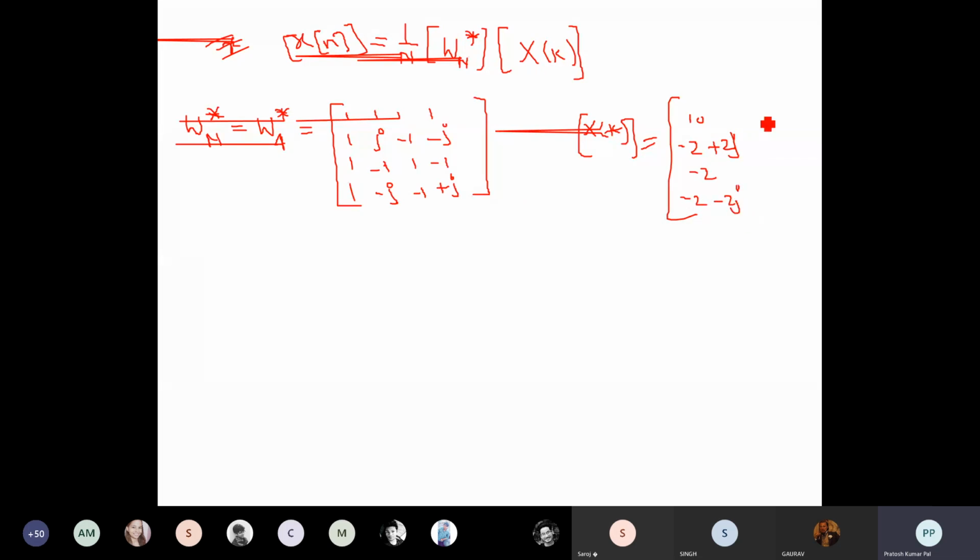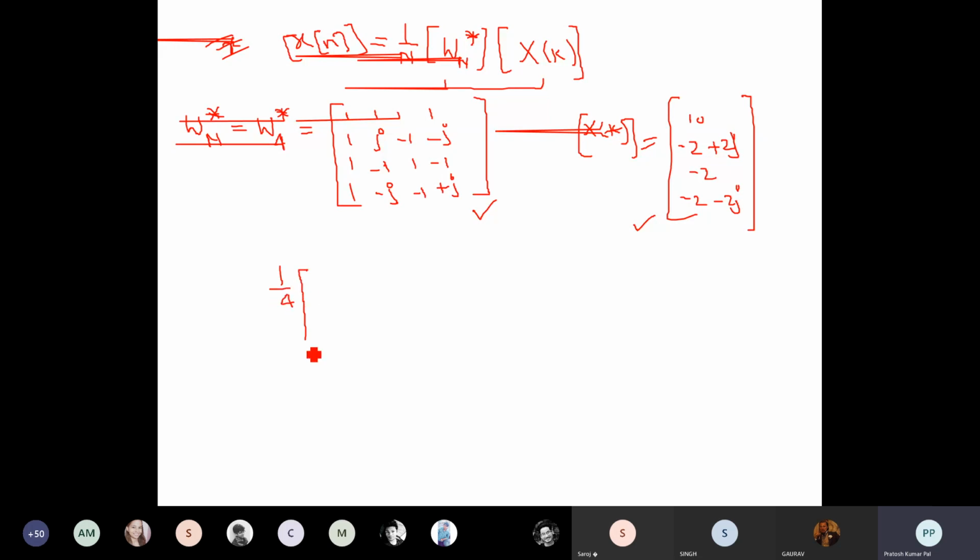Okay. So again, as in the previous example, we are multiplying these two: the twiddle factor matrix and the input matrix. These two will be multiplied with respect to this formula. Okay, after multiplication we will divide by 1 by N. So each element of this multiplication will be multiplied by 1 by 4, since N is 4.